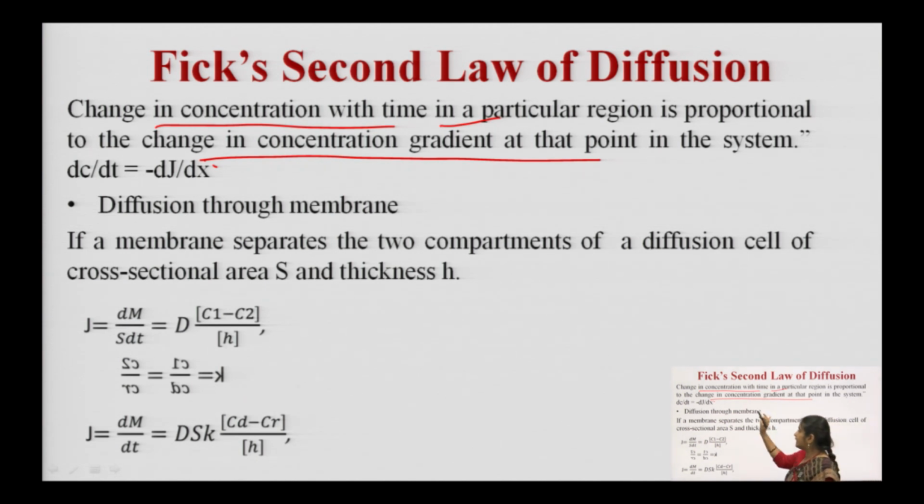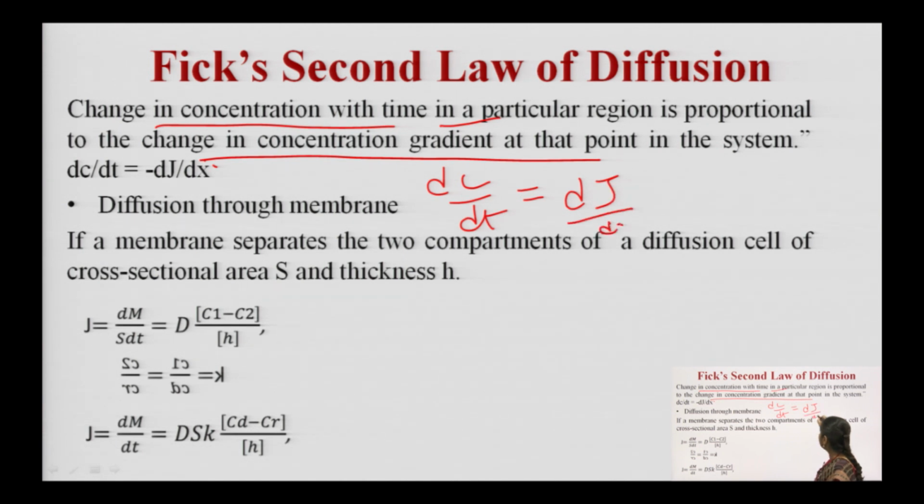Simply we can say that dC by dt, that is change in concentration, is equal to dJ by dx.